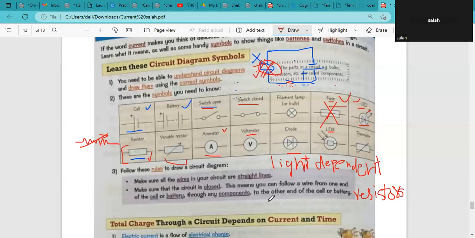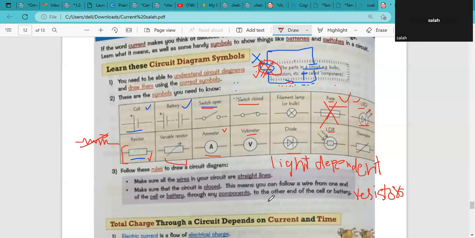How they work, all these things we will see in detail, but I will give you a short introduction. LDR is installed on the street lights.